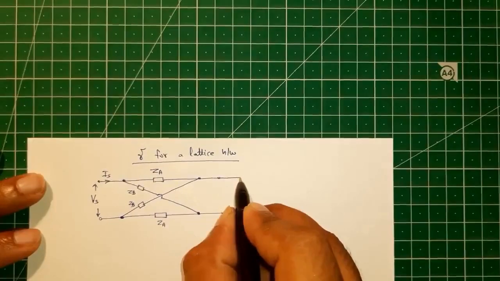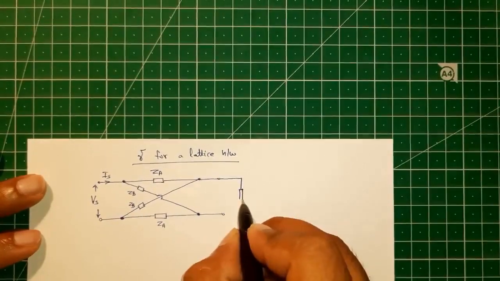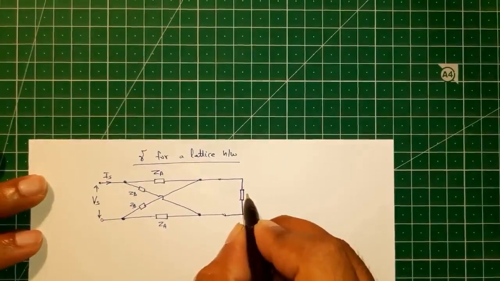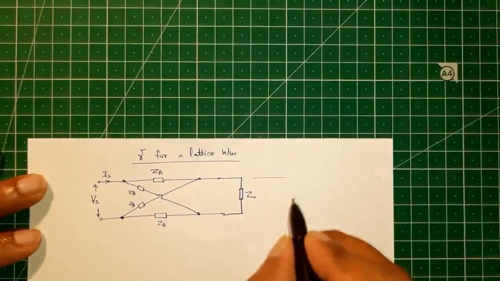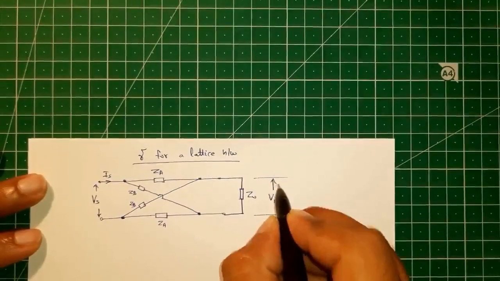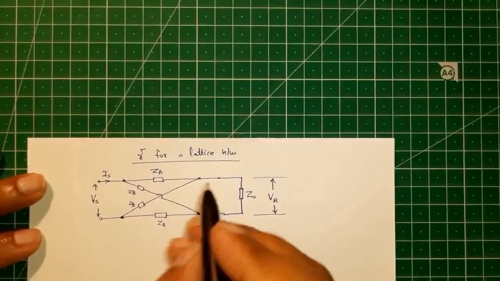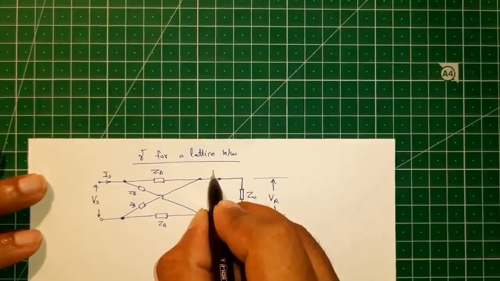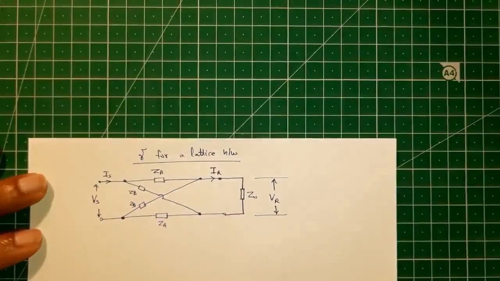On the receiving end we have the load impedance, which is the characteristic impedance for this lattice network, that will be Z0, and we get the receiving end voltage VR across the characteristic impedance Z0. And IR is the receiving end current.